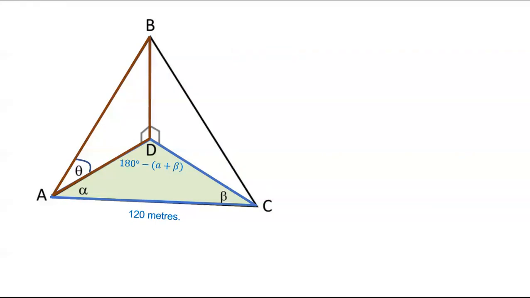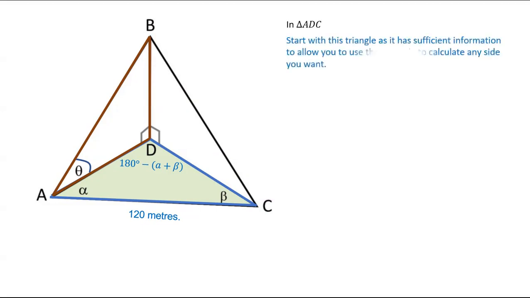So I am going to focus on triangle ADC. I will start with this triangle as it has sufficient information to allow me to use the sine rule to calculate any side I want. Now, in that triangle, when I take alpha and add it with beta and add it with angle ADC, it should give me 180 degrees. That will be the sum of angles in the triangle.